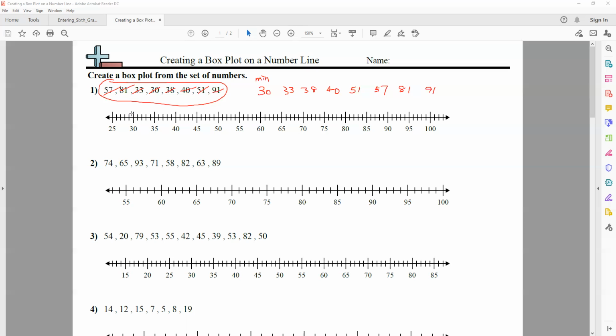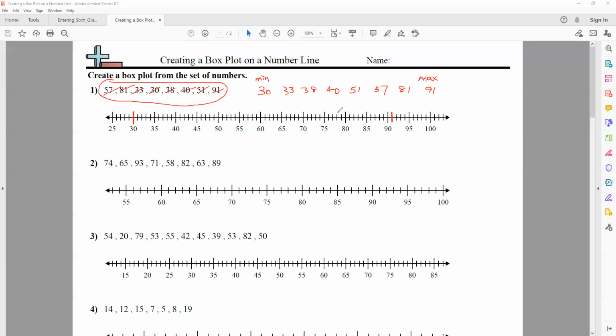Okay, 30 is my minimum. Can you see that? And then what is my maximum? 91. Which is right here. So now let me draw another line. This will be my maximum.